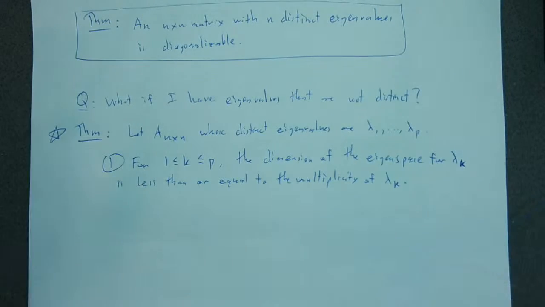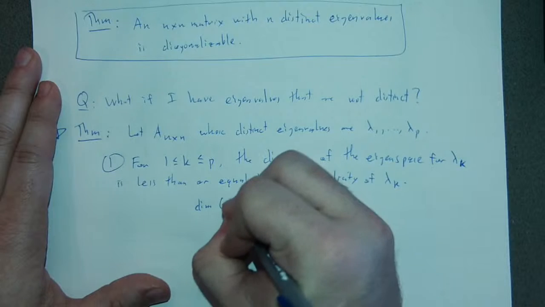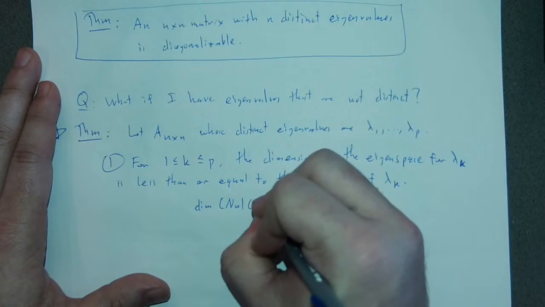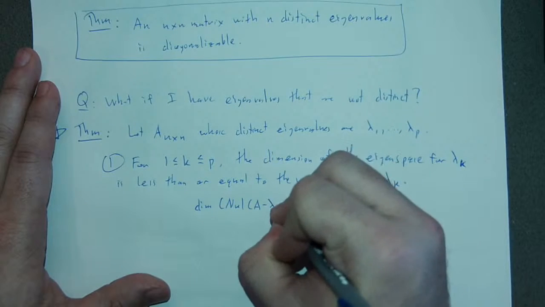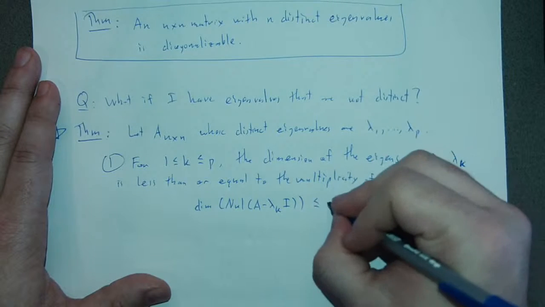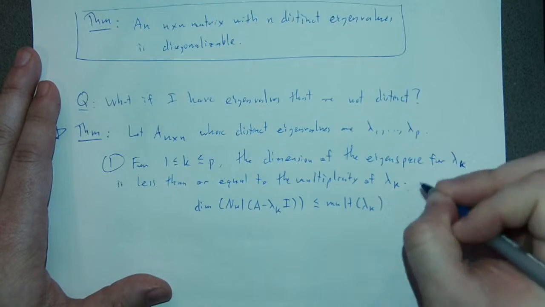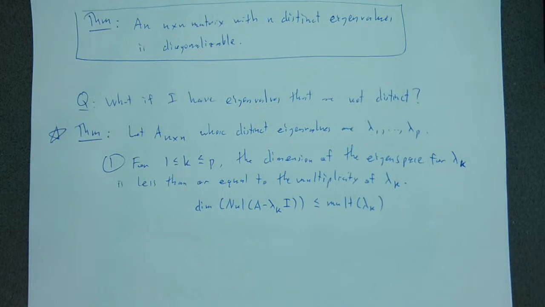So a quick way of writing that is the dimension of the null space of A minus lambda sub k I is less than or equal to the multiplicity of lambda sub k as a root of the characteristic polynomial.